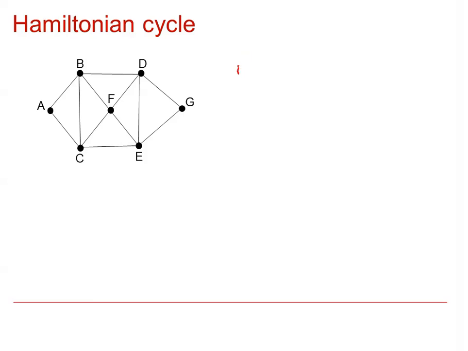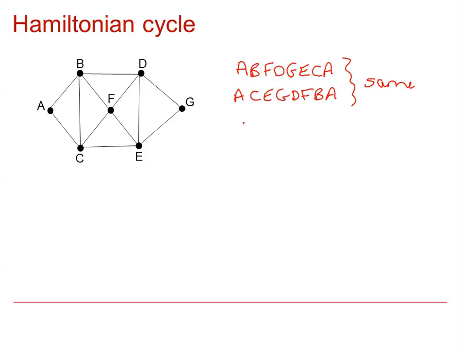So the first Hamiltonian cycle could be A, B, down to F, up to D, to G, E, C, and back to A. I could also do the cycle A, C, E, G, D, down to F, up to B, and back to A. But if you notice these two cycles, one is just the complete reverse of the other. So these cycles are in fact the same. So reverse cycles are not unique.